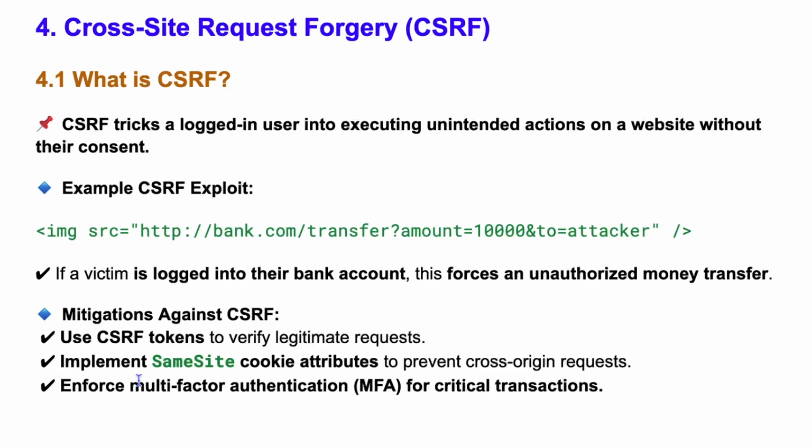And then we have the enforcing of multi-factor authentication for critical transactions, for example, bank transfers. It could be bank transfers greater than a certain dollar amount, or just any bank transfer. If somebody's trying to transfer money from one account to another, especially if it's not their own list of accounts, if they're sending it to somebody else's account, you enforce MFA, and you don't even give them a choice.